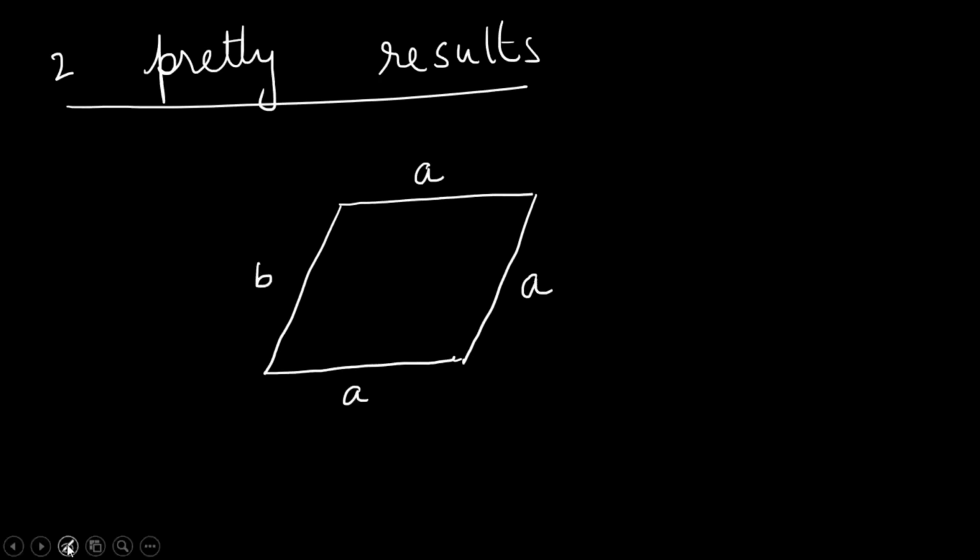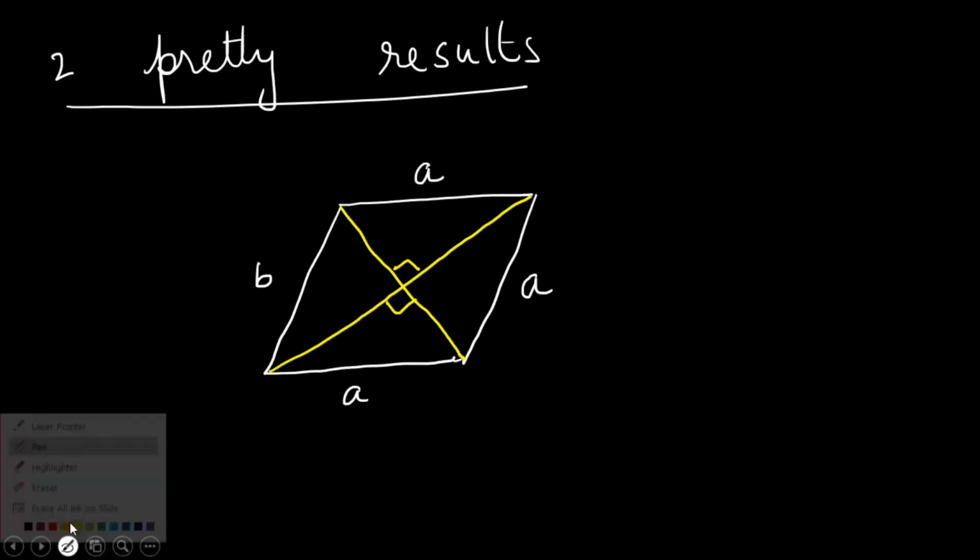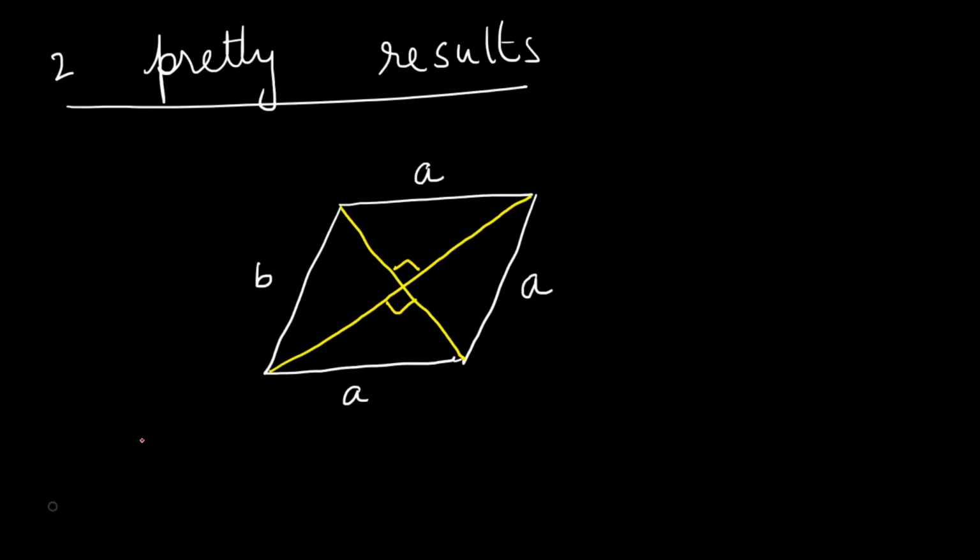And one nice property of the rhombus is that if you take the diagonals, then the diagonals bisect each other, and a very nice fact is that they are perpendicular. So the diagonals of a rhombus are perpendicular bisectors of each other. So this point also happens to be the midpoint of both the diagonals.